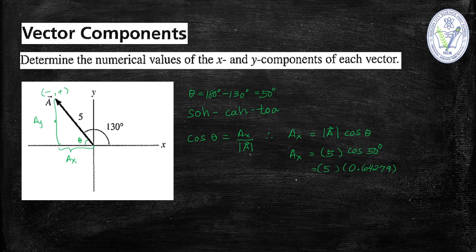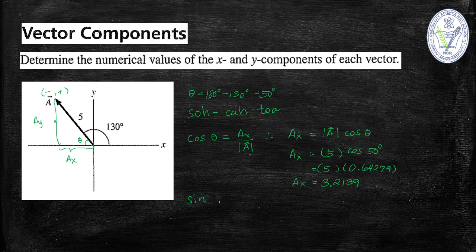So we will now have a value for ax roughly equivalent to 3.2139. Now, what about the y component? For the y component, we will use sine.